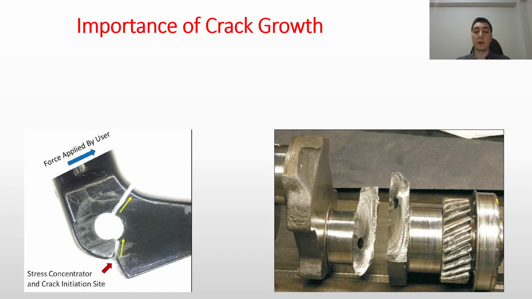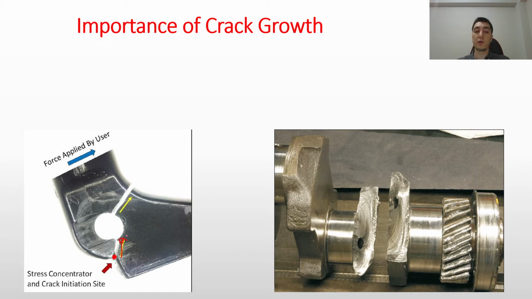It can be seen in any structural component which is subjected to dynamic loading, and there is an example of crack growth which is probably a fatigue failure, and there is a stress concentrator which is here. It can be an initial crack or maybe a notch, we don't know that, and then the crack grows in this direction.